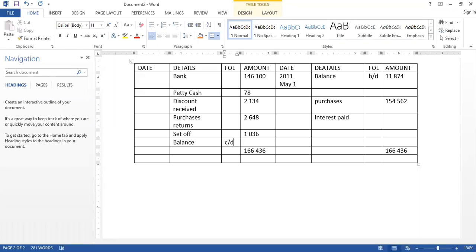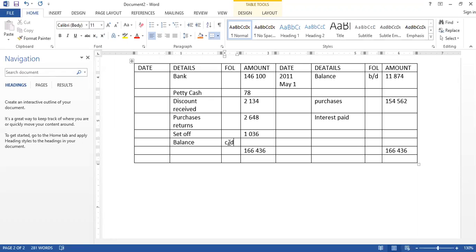So the balance was 11,874, which is correct, and then we have purchases of 154,562, that is correct, and then we have bank of 146,100, and then we have purchases returns 1648, discount received 2134, and then we have petty cash of 78, and then we have a set off of 1036.